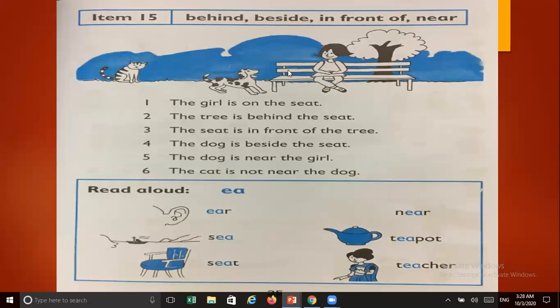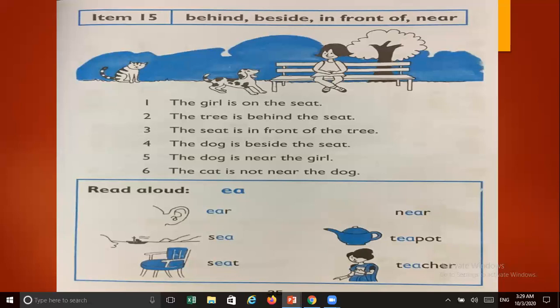This is a dog and this is seat. So the dog is beside the seat. Number 5. The dog is near the girl.